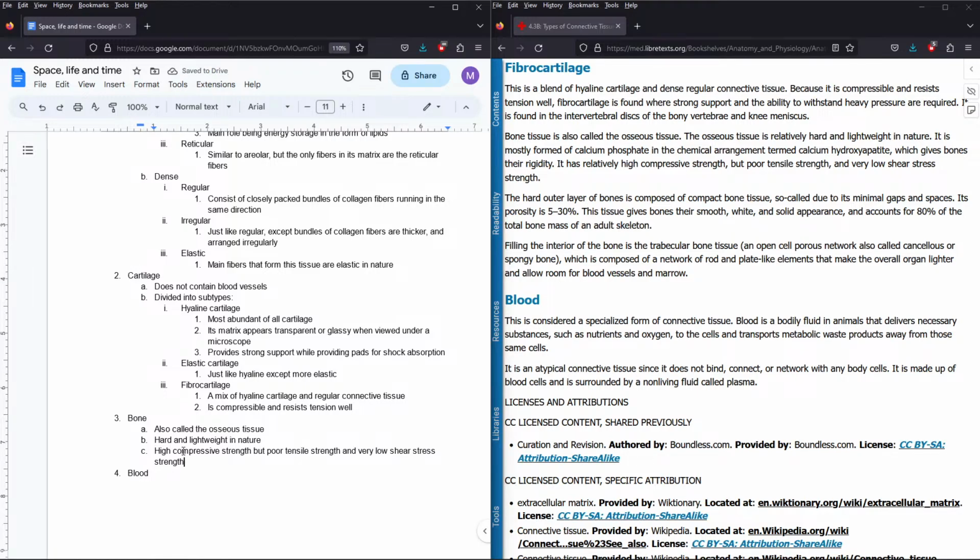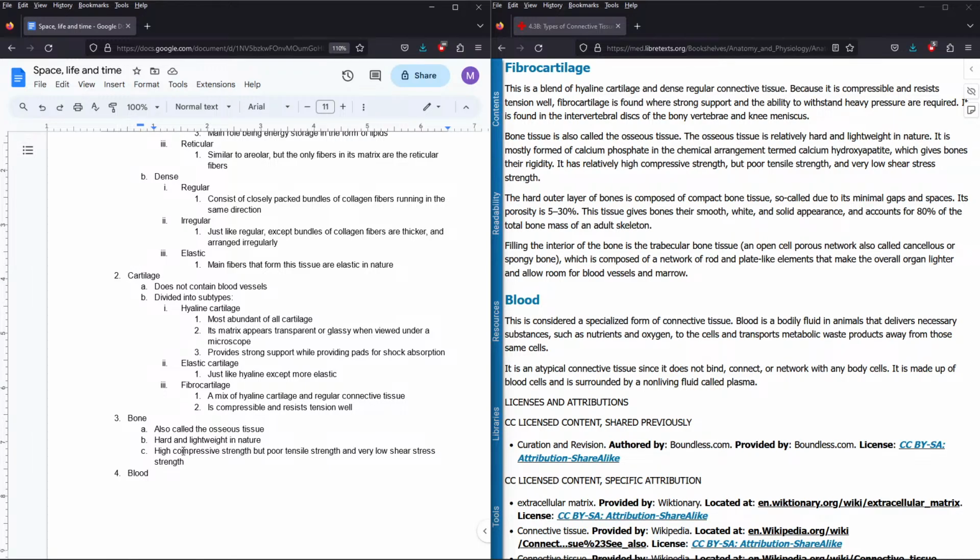The hard outer layer of bones is composed of compact bone tissue, so-called due to its minimal gaps and spaces. Its porosity is 5 to 30%. That's a metric of porosity. That's medicine. This tissue gives bone the smooth, white, and solid appearance, and accounts for 80% of the total bone mass of an adult skeleton.